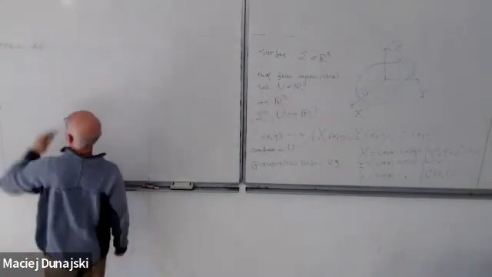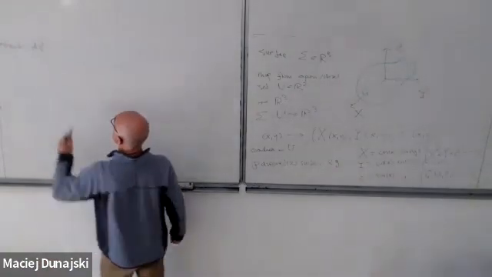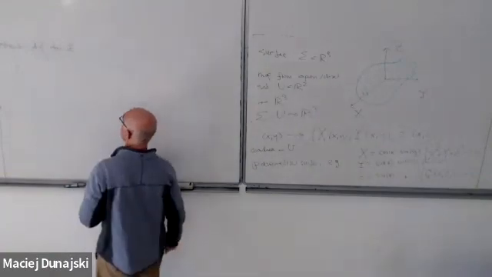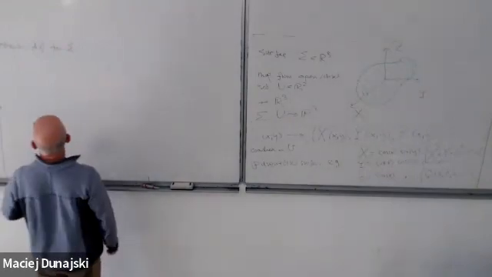ds squared, which I've defined in terms of capital X, capital Y, capital Z, to sigma. How do I do that? Well, I'll do it explicitly.